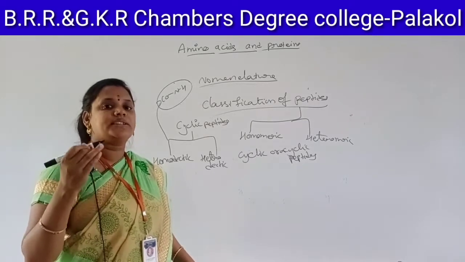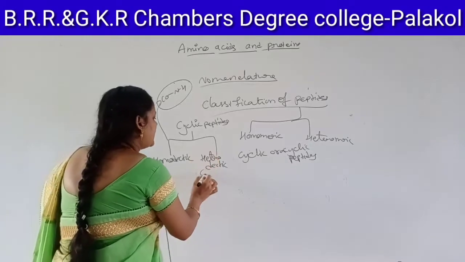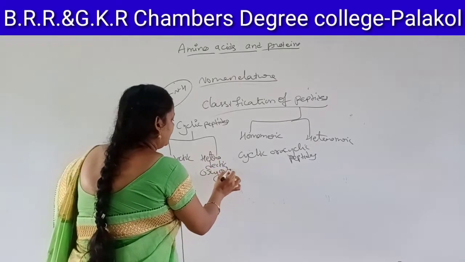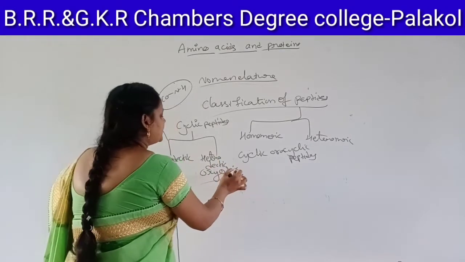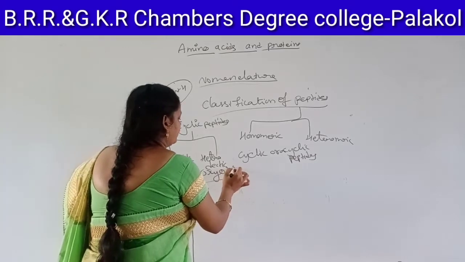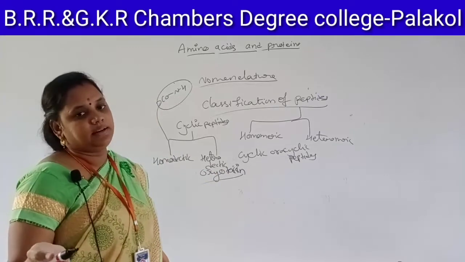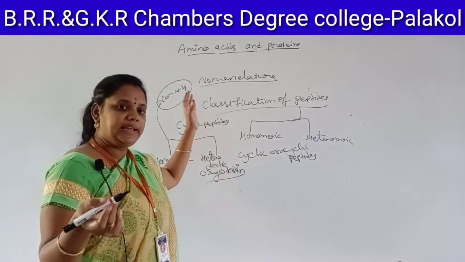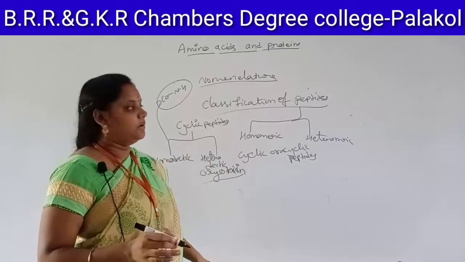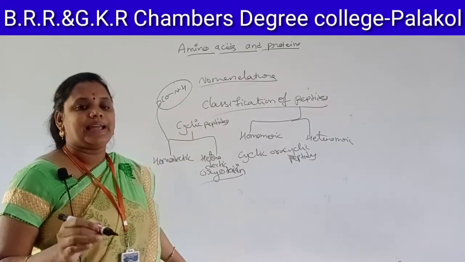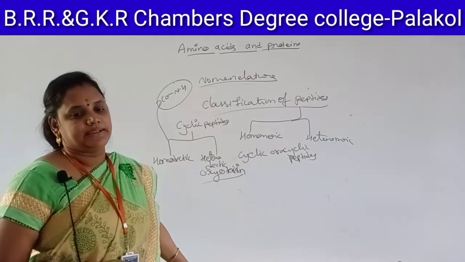For example, oxytocin. Example of heterodetic peptide, oxytocin. It has peptide linkage and other linkages also. This is about the classification of peptides.